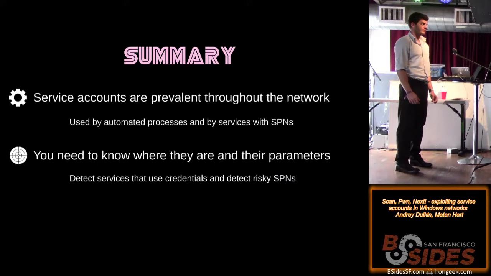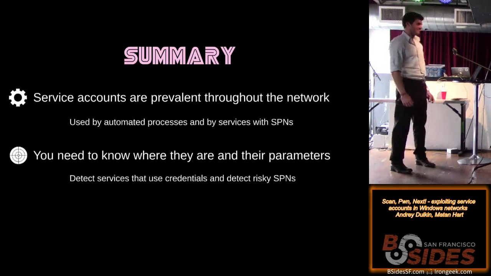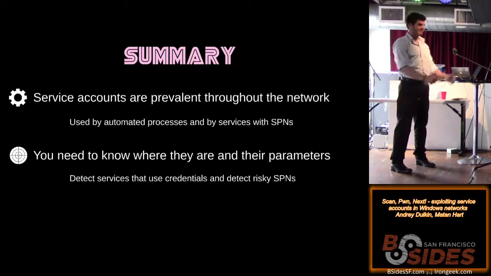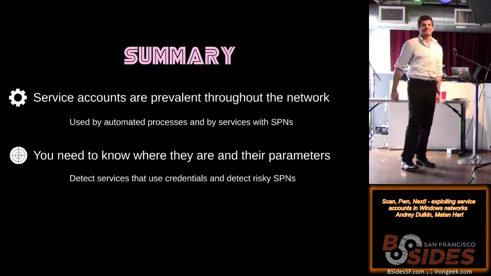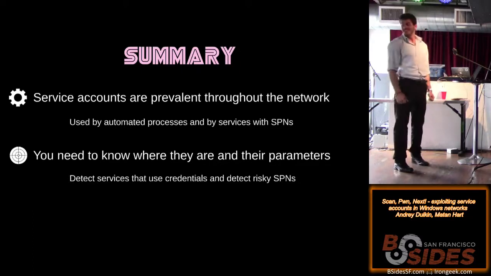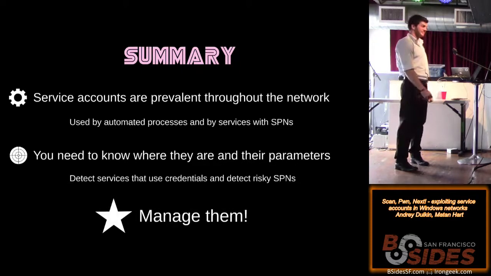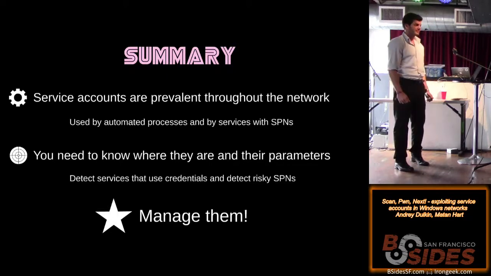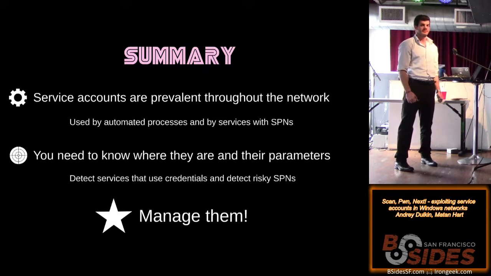You can use our tools, or you can look for the credentials that they leave behind, or you can use the script that Matan showed earlier. It's available on GitHub in order to look for the risky SPNs in your environment. And you should manage them. This is the most important part. If you don't manage them, if you are not aware, they are an attack surface in your network.